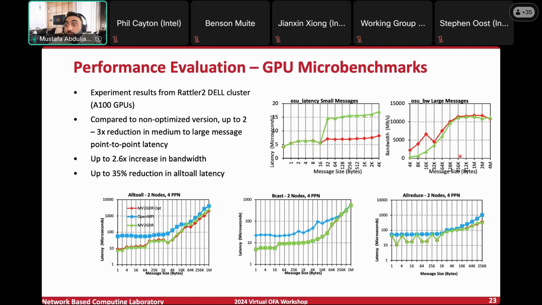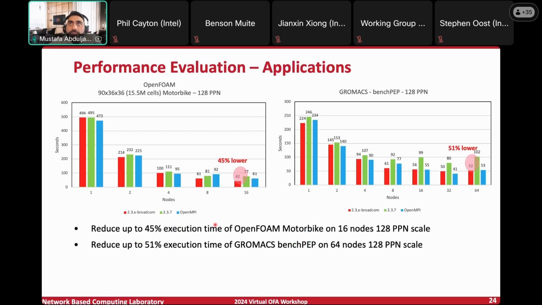And we get up to 2.6x higher bandwidth, as well as a 35% reduction in all-to-all latency, and this is thanks to optimizing the GDR copy limit. We also have some parameters to optimize when GDR is to be used versus some other techniques over the peer direct engine on the Broadcom adapters.